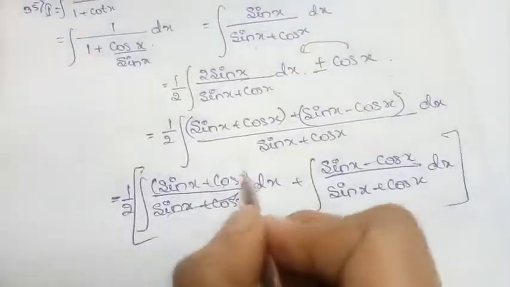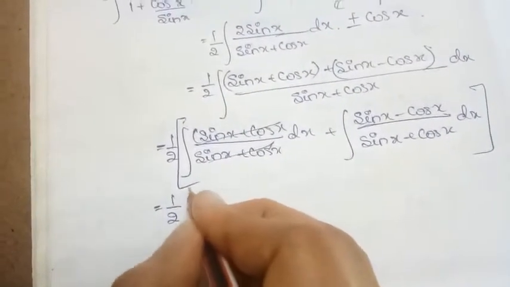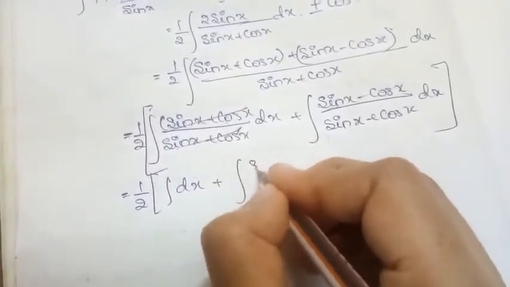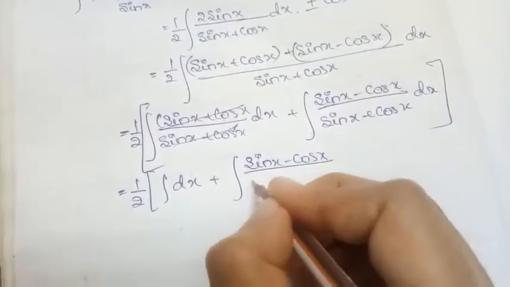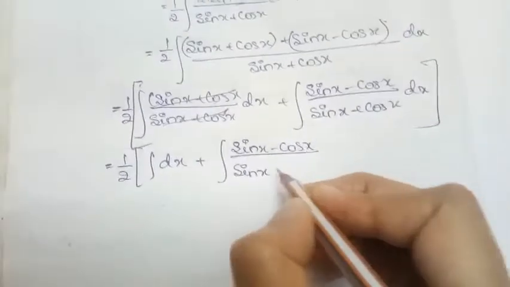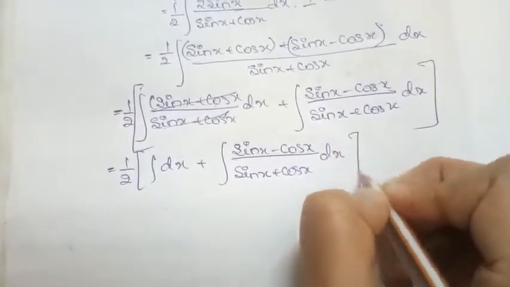Here sin x plus cos x cancels, and we get 1 by 2 integral dx plus integral sin x minus cos x divided by sin x plus cos x into dx.